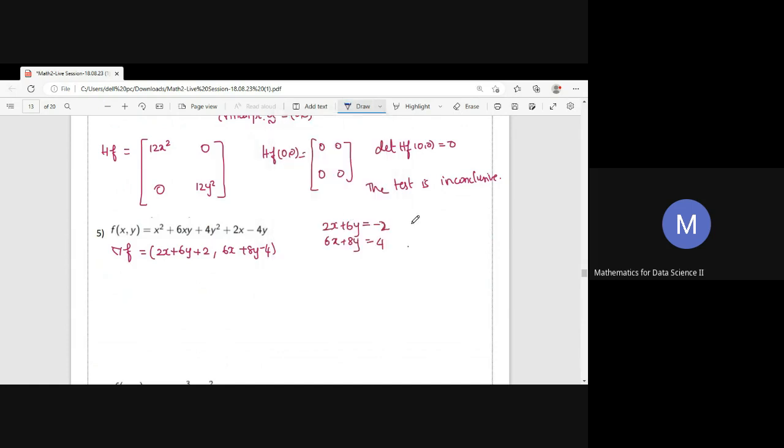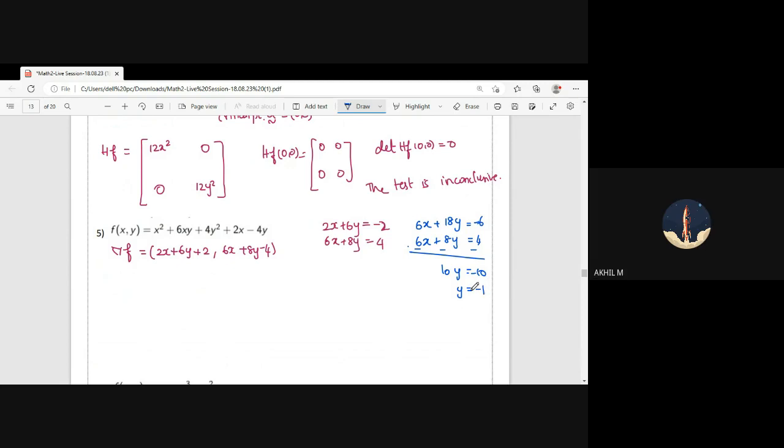So let us write this as 6x + 18y, multiplying the whole equation by 3. So I am getting this. Here 6x + 8y equal to 4. If I am subtracting, then what are you getting? 10y equal to minus 10. So what is your y value?